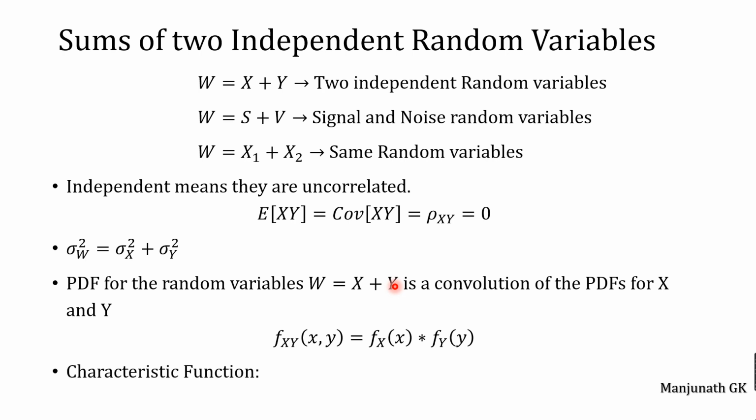The third derivation: the characteristic function of W equals the multiplication of the individual characteristic functions of X and Y. These three derivations should be done by us today.